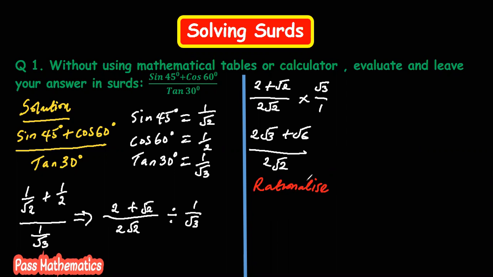So we are going to have 2 root 3 plus root 6, times 2 root 2, divided by 2 root 2, and this is also going to multiply itself.